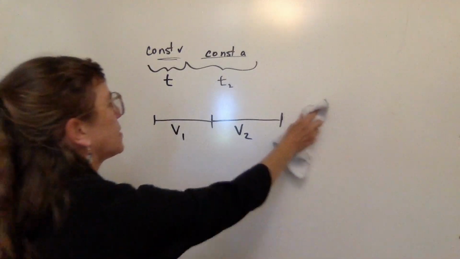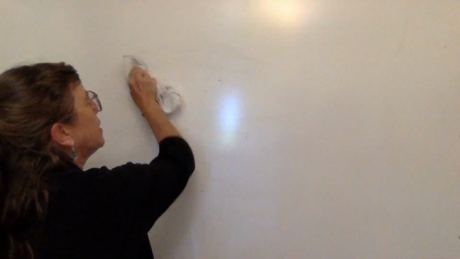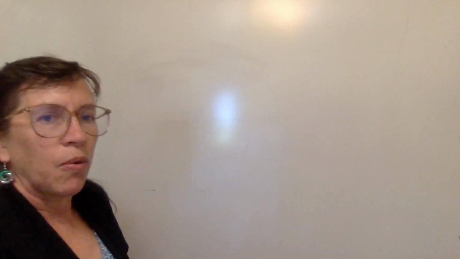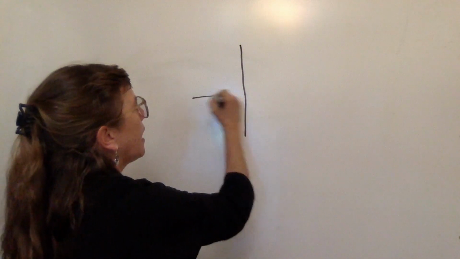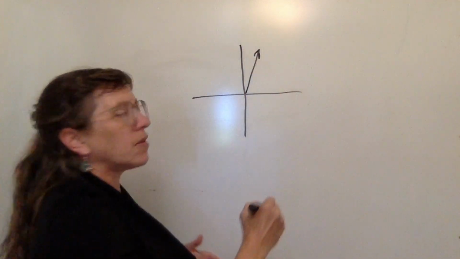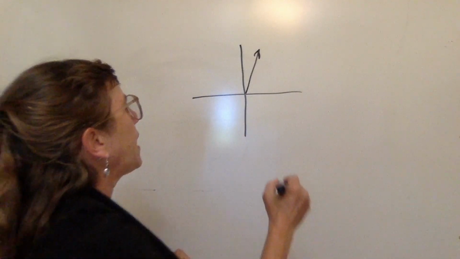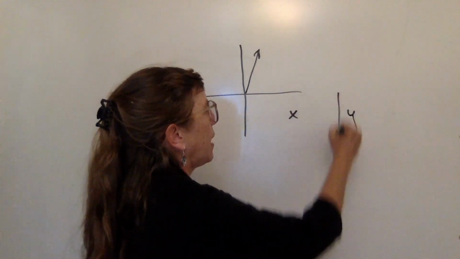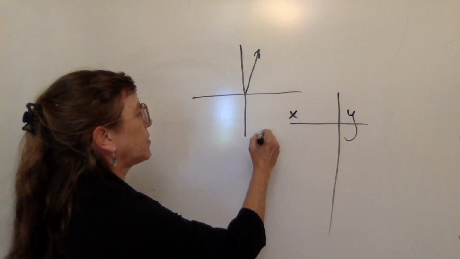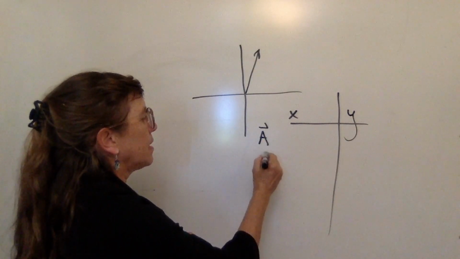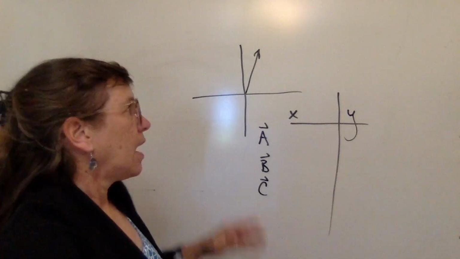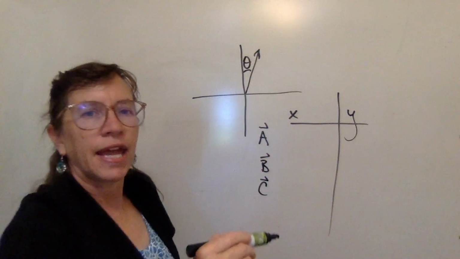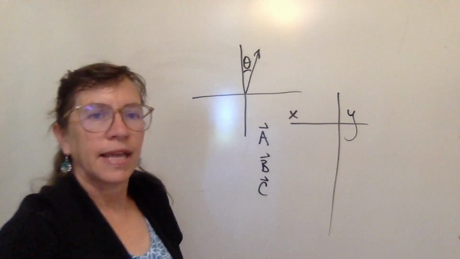On that first test, there is also going to be a vector math problem. It should be very, very similar to the type of homework problems that I gave you. I will give you vectors and the angle that they are drawn at, and you're going to need to be able to break them into their x and y parts, and then do the necessary vector addition, vector A, vector B, vector C. And I will always give you at least one vector where this is the angle that I give you rather than the angle with respect to the x-axis.